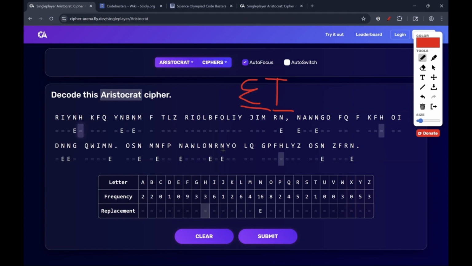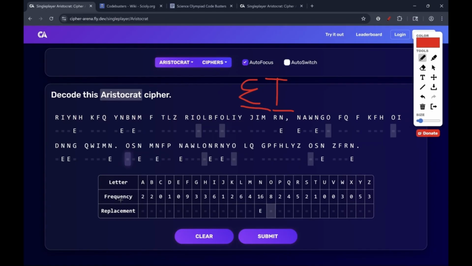After I do that, the next thing I notice is this OSN right here. The reason I'm noticing it is because the letter O appears pretty common compared to some of the other letters, and also that it's the first word in this new sentence.